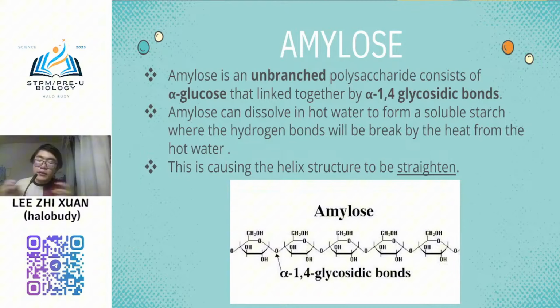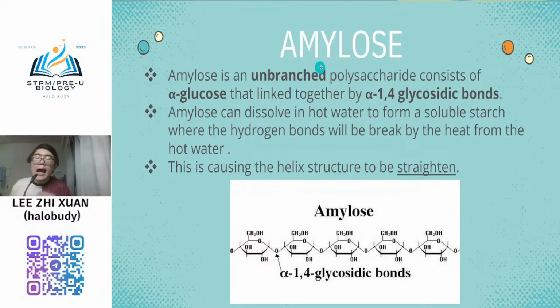If the chain is very long, we will not say maltose anymore. We say amylose. Amylose is an unbranched polysaccharide consisting of alpha glucose linked together by alpha 1,4 glycosidic bonds. When many maltose units combine with each other, they form amylose.